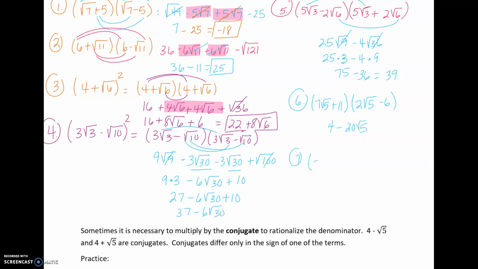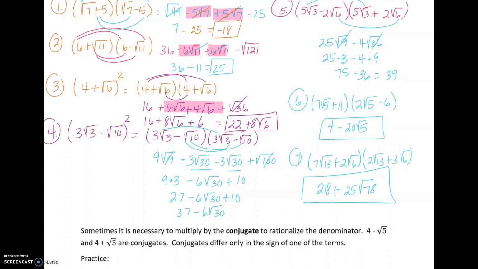Number 7 is 7 times the square root of 13 plus 2 square root of 6 times 2 square root of 13 plus 3 square root of 6. It looks like your answer is 218 plus 25 times the square root of 78. Okay, so do those and see how you do on those, and I can always help you if you need help.